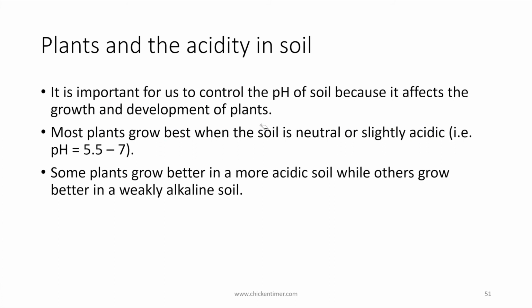So are you familiar with this, controlling pH of soils? In certain test questions, they will always ask you about pH of soils, farming, growing crops, growing plants, that kind of thing. So what they are trying to tell you is how the plants and crops grow is affected by the pH of soil.